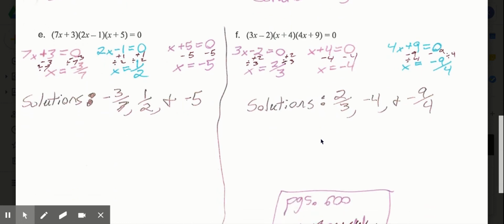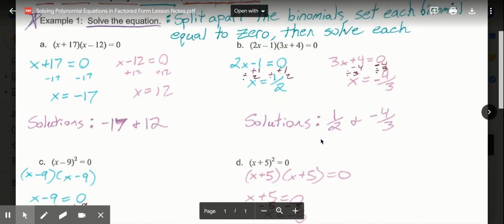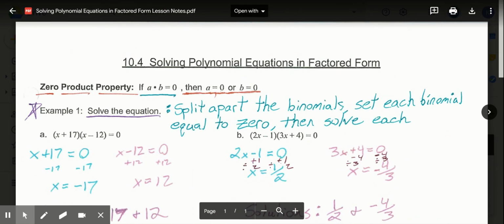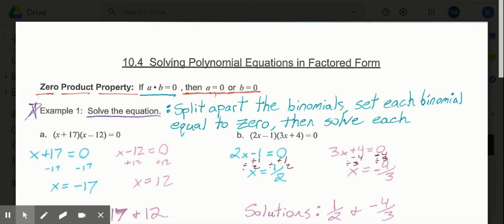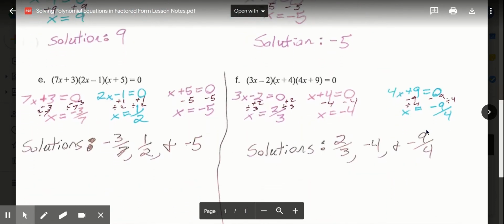And then in E and F, if we have larger polynomials that get factored into more than two binomials, the process for solving these is still the same. We want to split apart all the binomials, set each binomial equal to 0, and then solve each for the variable.